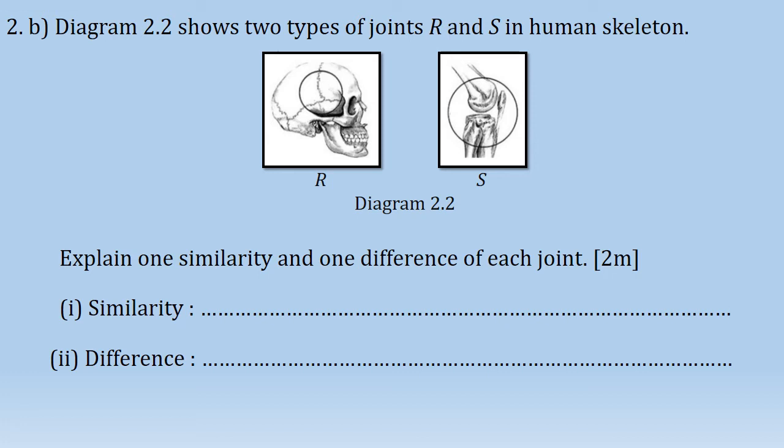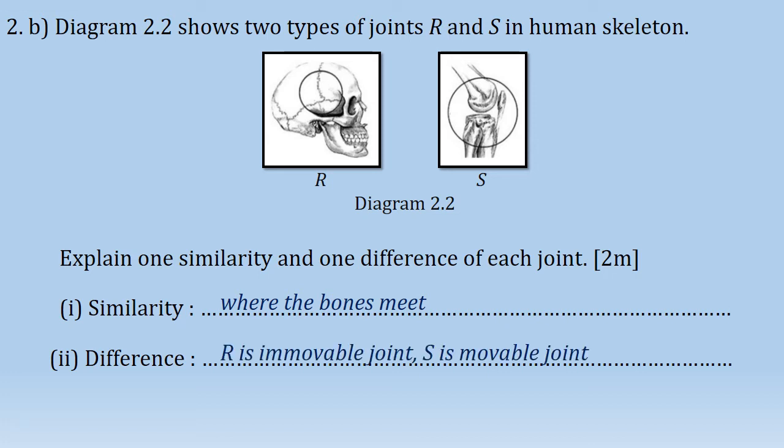So the similarity is R and S are the places where the bones meet. The difference is R is the immovable joint which prohibits the bones from moving, and S is the movable joint which allows bone movement in one plane.